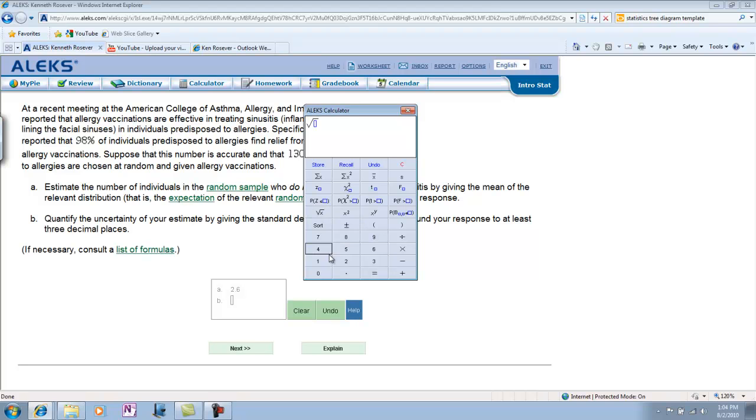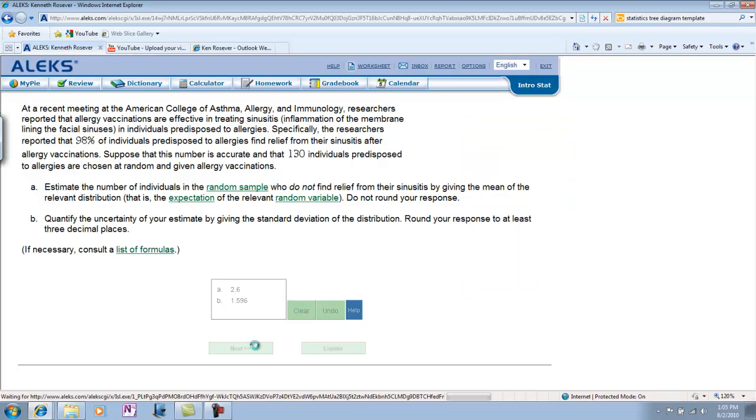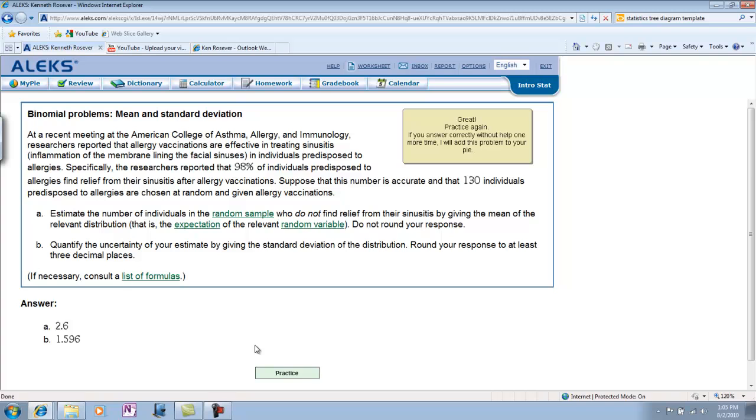But we definitely have to have both of those numbers in there. 130 times, but I'll do it properly, times 0.02 times 0.98. And it looks like 1.5962, which we'll call 1.596. And so that is completed.